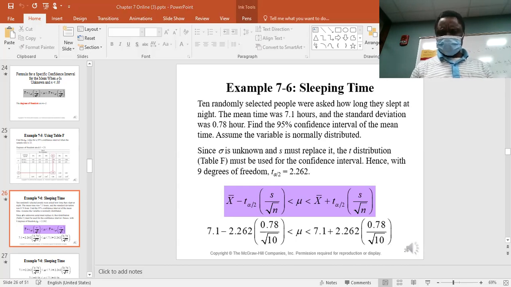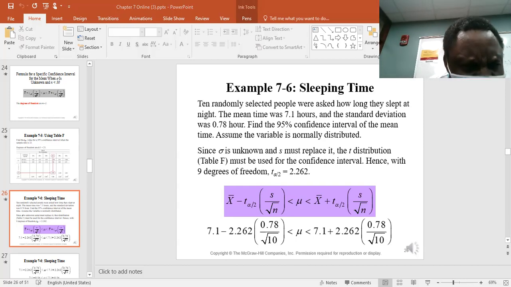Let me look for a table here. t distribution. They have a t distribution calculator, but you will be confused to learn about that one.